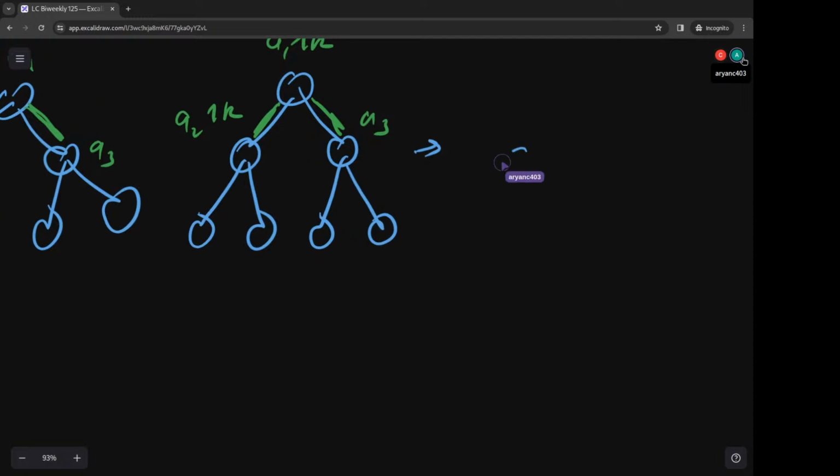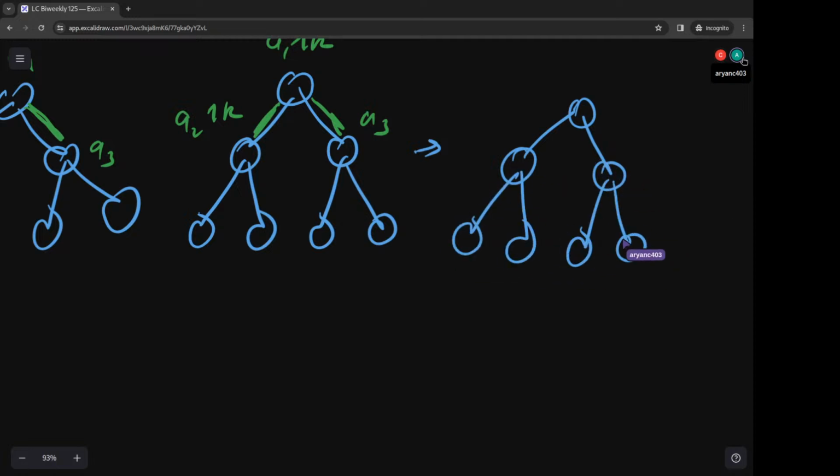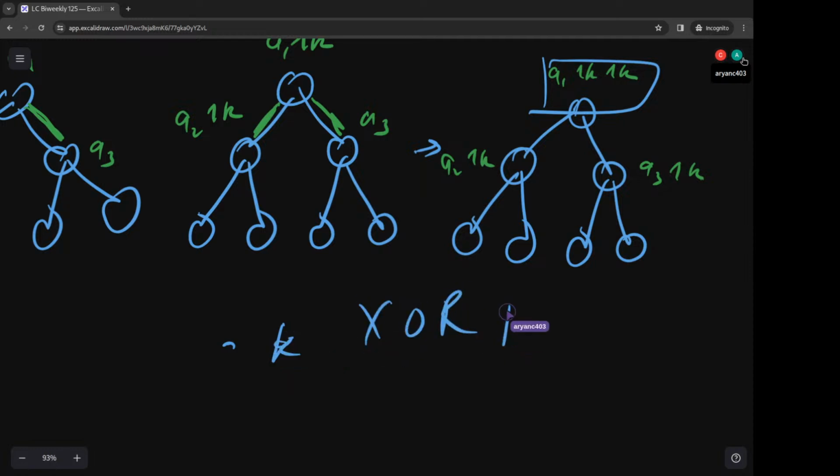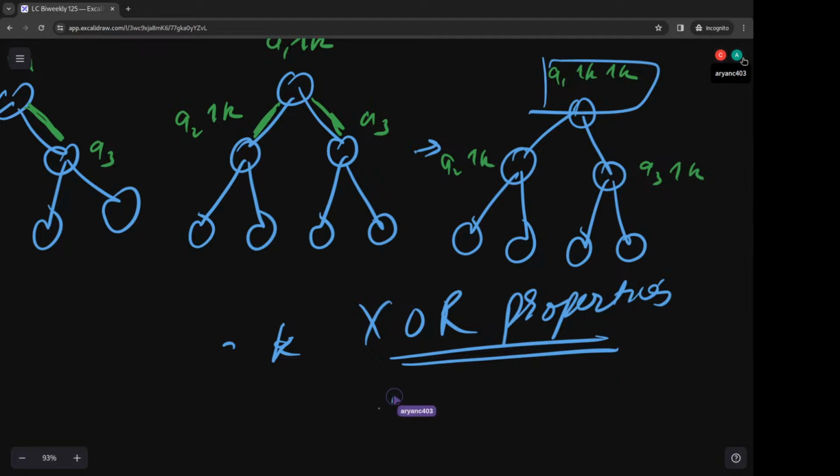our updated array becomes A1 XOR K XOR K, A2 XOR K, A3 XOR K. If you look at some of the identities of the XOR function, one of them is that if you do XOR of the same value again, then the result is 0.